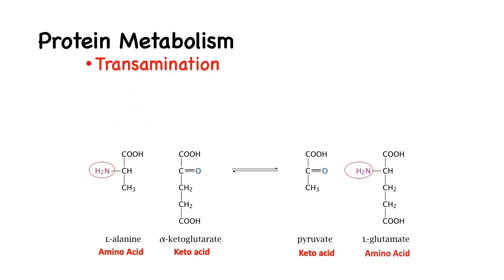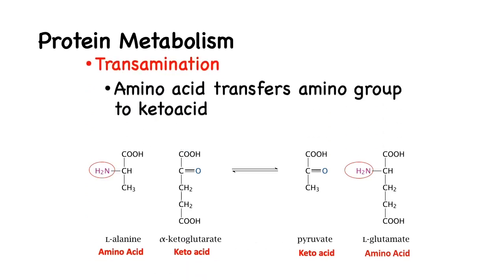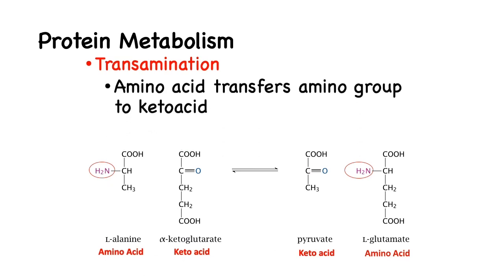During transamination, the amino group on an amino acid is transferred to a keto acid. There's my amino group. I'm transferring it over to the keto acid from the amino acid. So going from the amino acid to the keto acid. When that happens, the amino acid is converted into a keto acid, and the keto acid is converted into an amino acid.